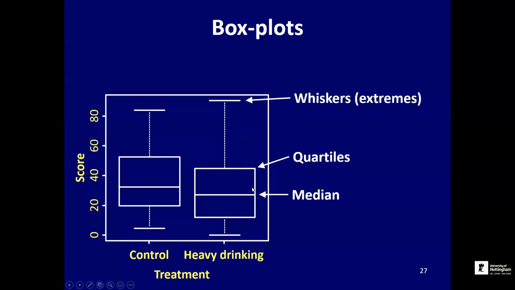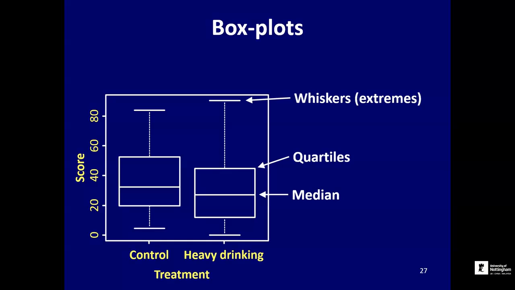So the box here represents the upper and lower quartiles, and then we have the median in the middle, and then together with these whiskers, which represent the extreme values in the data set, the highest value and the lowest value, we end up seeing the 4 quarters of the data in total. So between the whisker and the upper quartile, that's the first quarter of the data. Then we've got the next quarter down to the median, then the next quarter, and then the next quarter.